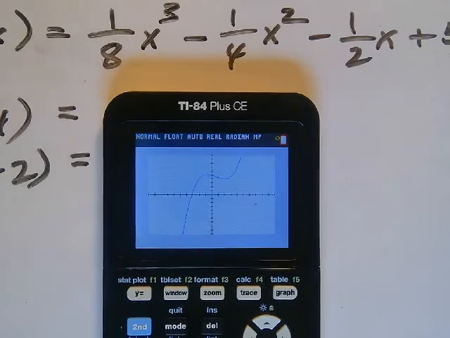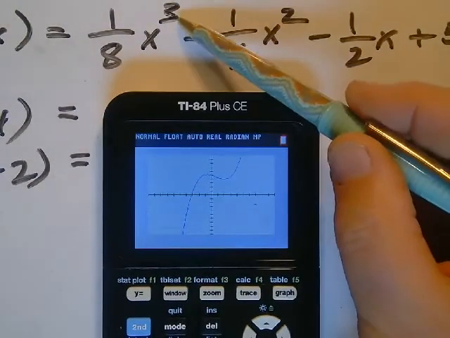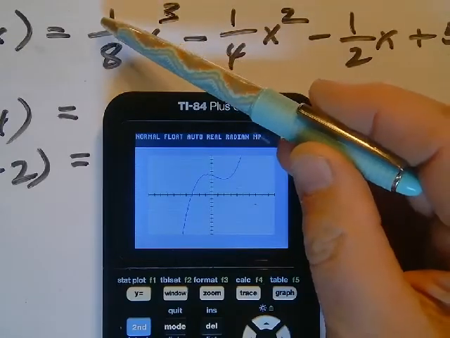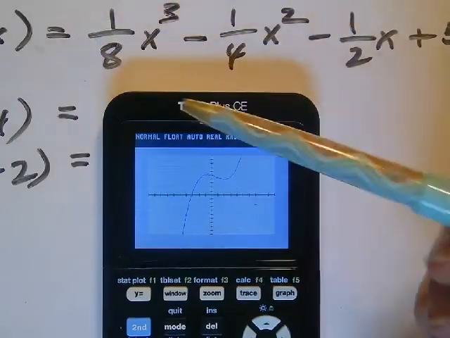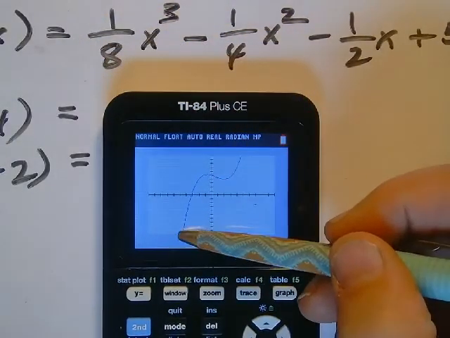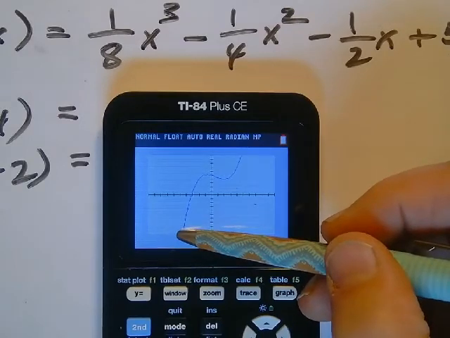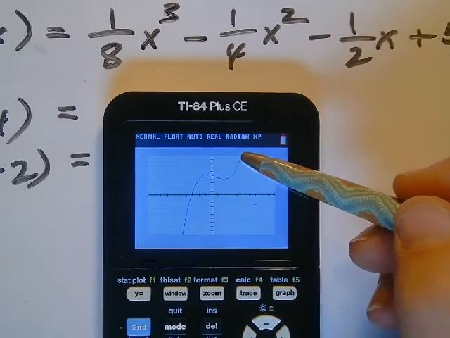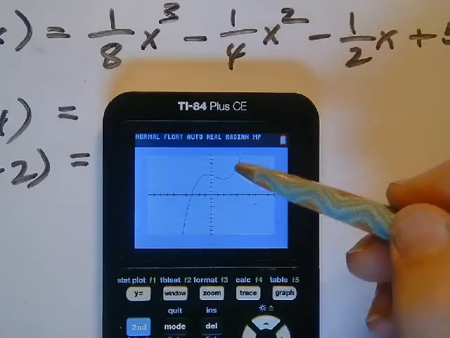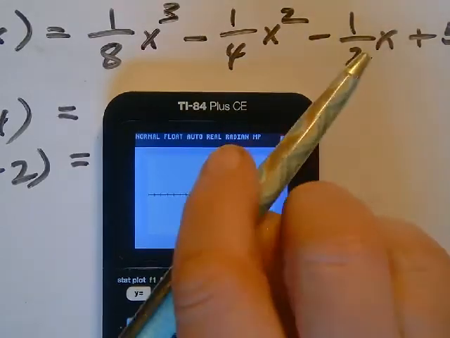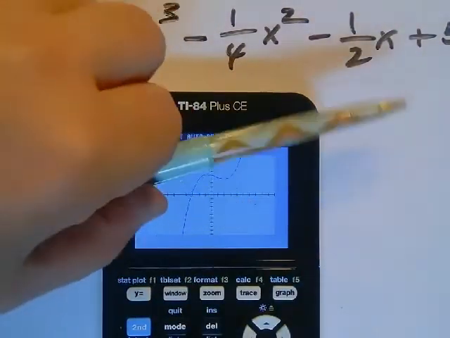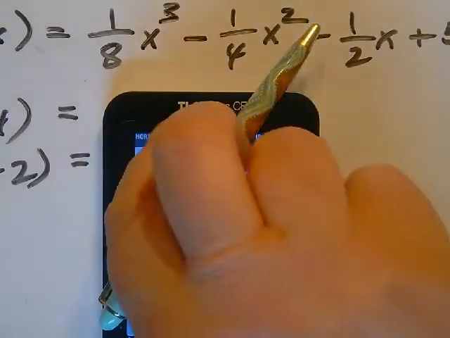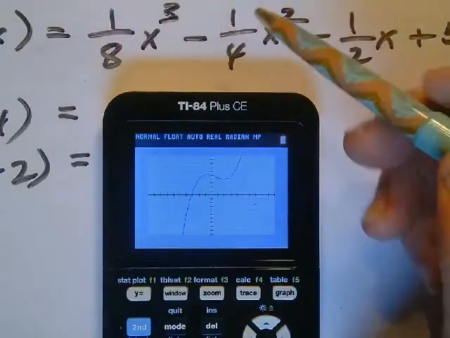All right, just by way of discussion here, notice that we had an x to the third function with a positive leading coefficient, and that's what we're expecting. It enters in a south hemisphere and it leaves in the north hemisphere. So that's what I expect from an odd function, and because the slope is negative here, or excuse me, positive, I expect it to be leaning to the right.